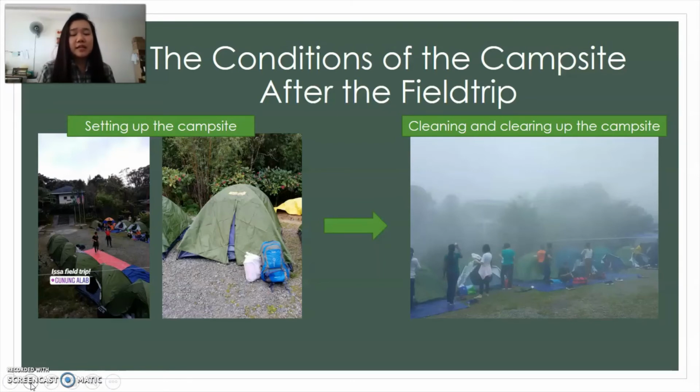Basically, the campsite needs to be clean of rubbish. And all the equipment that we use, such as our sleeping bags, the floor mats, and also the tents, need to be cleared up. And we need to leave the place just as how we entered the place.